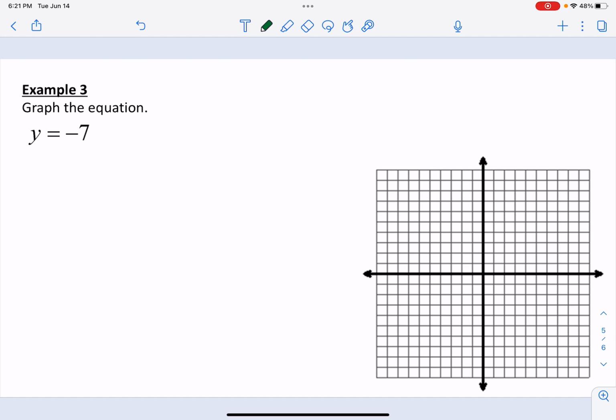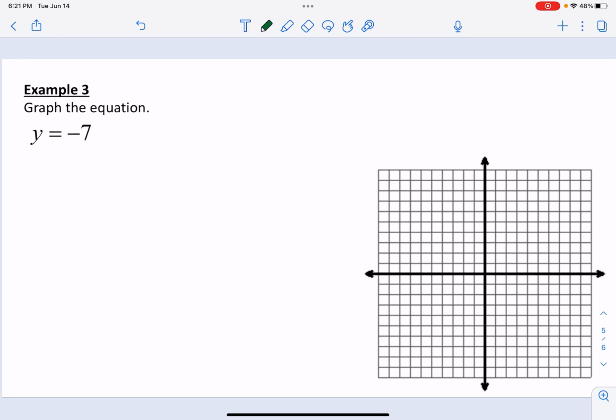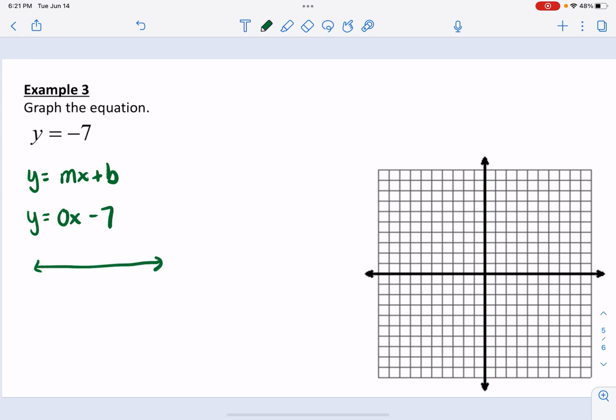Okay, graphing the equation y equals -7. So y equals mx plus b. What do you notice that's missing? There's no x term, which means it's like 0x minus 7. So I have a line that has no slope, or a 0 slope, which is a horizontal line.